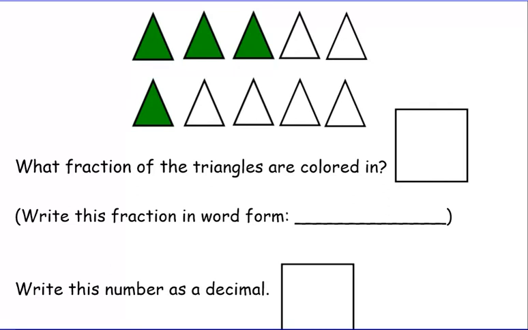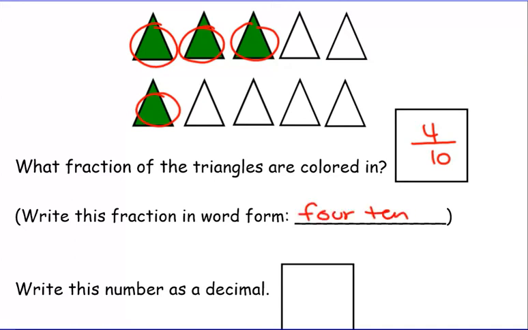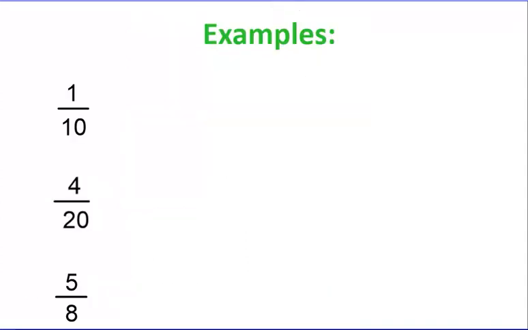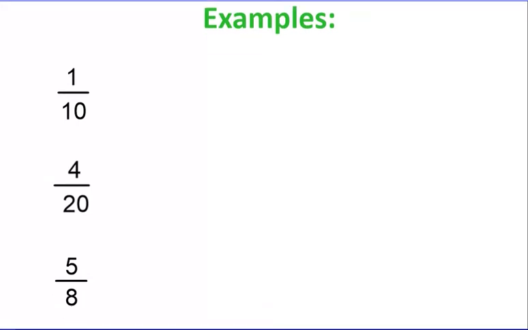Let's look at another one. What fraction of the triangles are colored in? 1, 2, 3, 4. 4 over 10. Resist the urge to reduce it because you want to keep the 10 as the denominator. How do you write that in word form? 4/10. And then how do you write that as a decimal? 0.4.